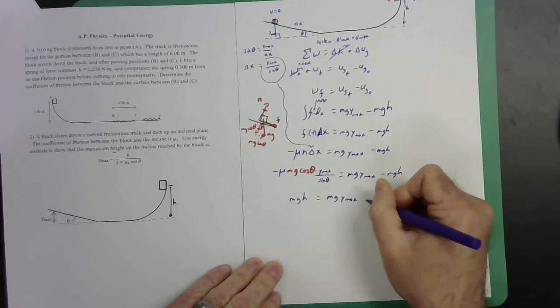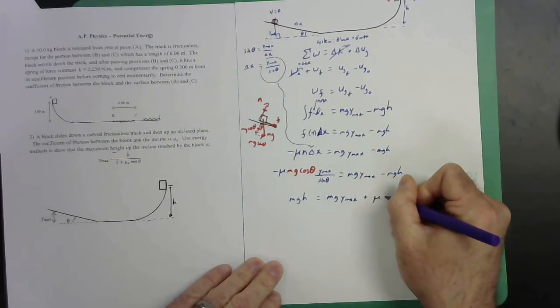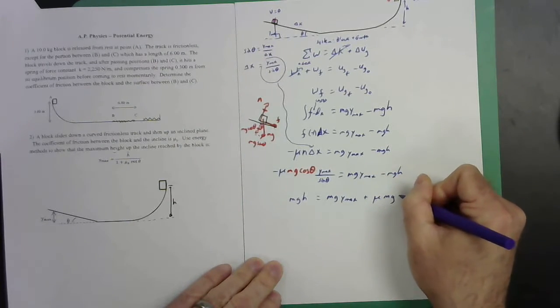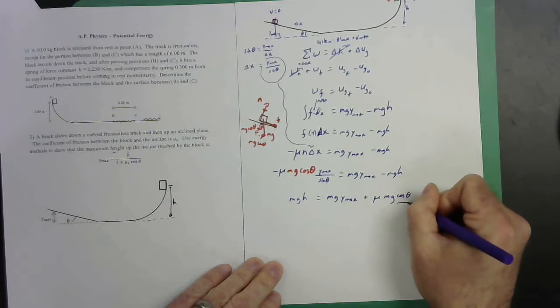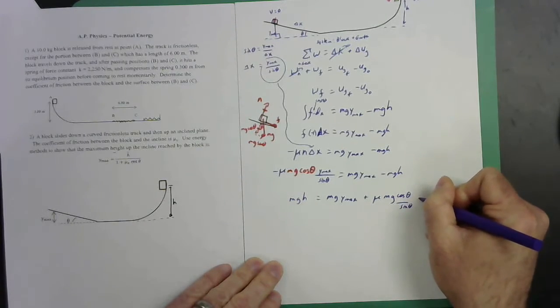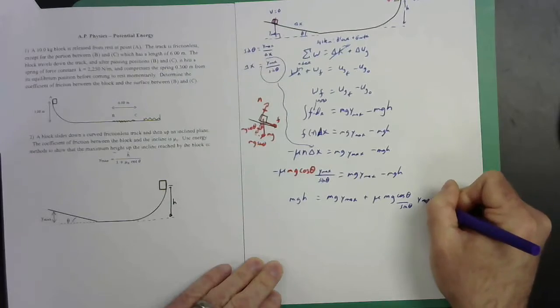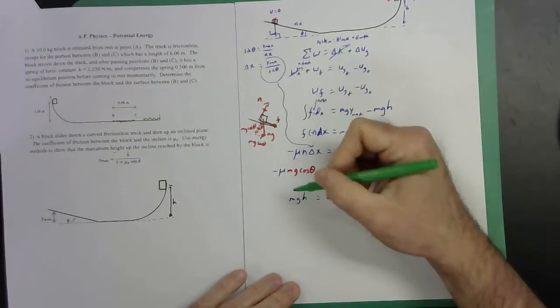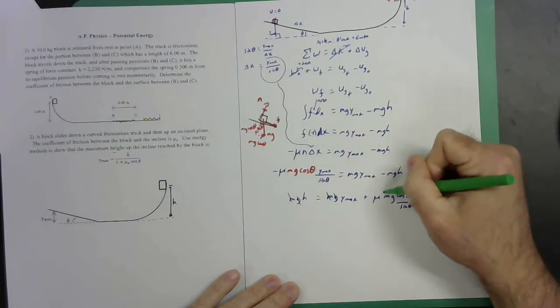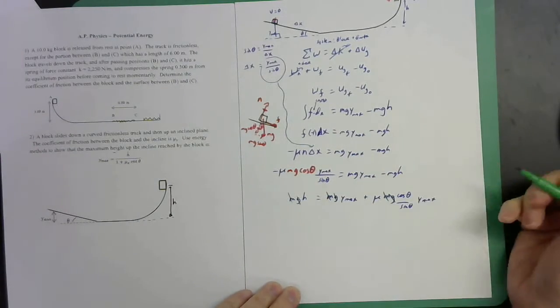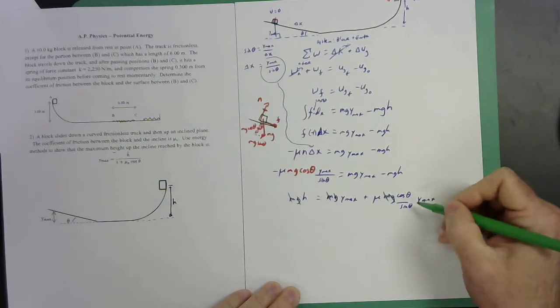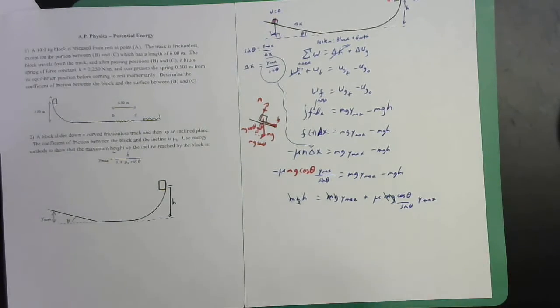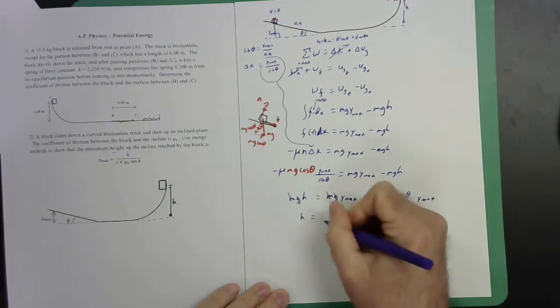And I'm going to add this term over, plus mu mg cosine theta over sine theta times y max. This is where someone says, if they haven't said so yet, oh my gosh, Mr. C, I can see that every term has an m and a g in it. And cosine over sine, I know sine over cosine is tangent. Cosine over sine, that's cotangent. And things are looking real good now.